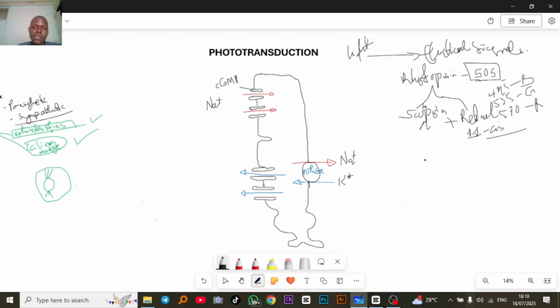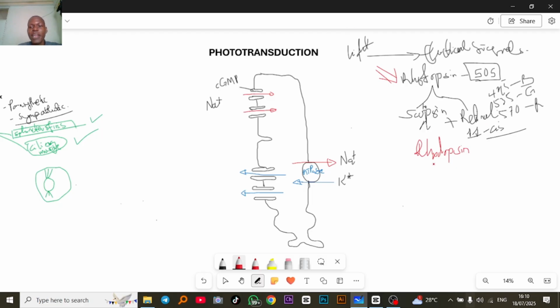So what happens when light strikes this rhodopsin? Whenever it's struck by light, it will undergo changes, which in turn affect the ion channels in this rod cell. So we have rhodopsin, the combined scotopsin and 11-cis retinol.